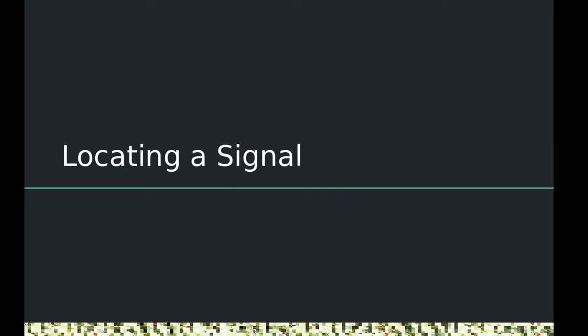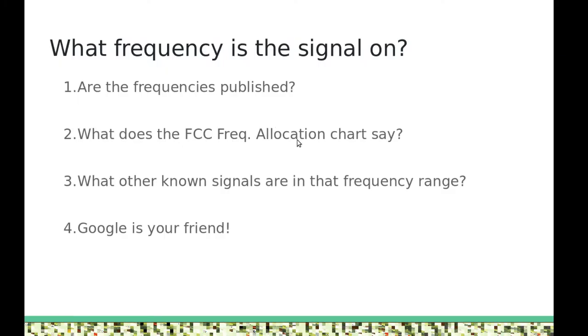Alright, so now we're going to talk about locating a signal, or basically finding out what frequency it's on. There are many different ways you can find it out. If you know what the signal is that you're looking for, you can go online and do a little research.